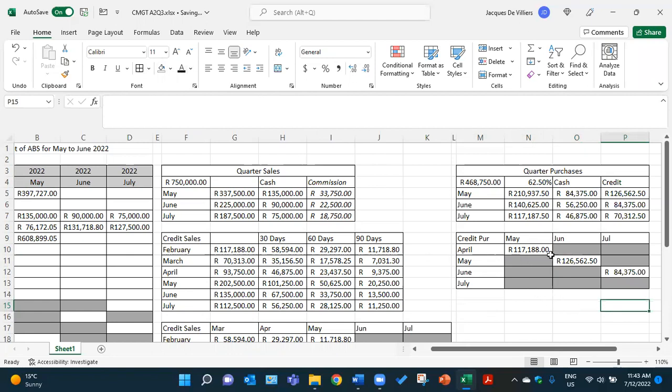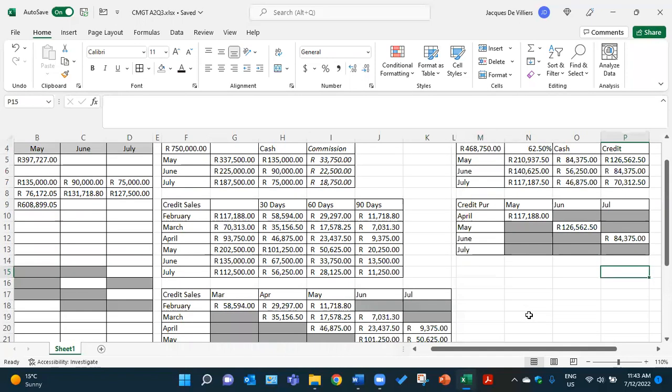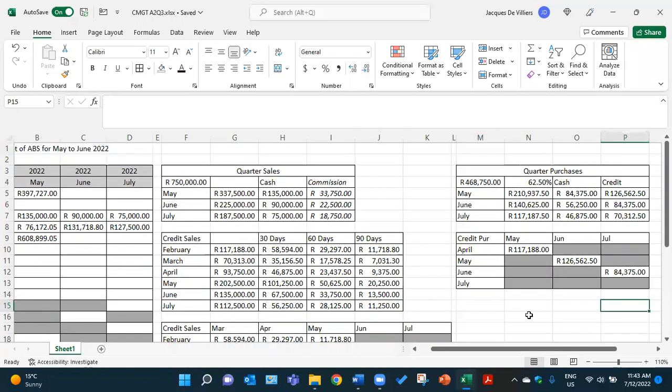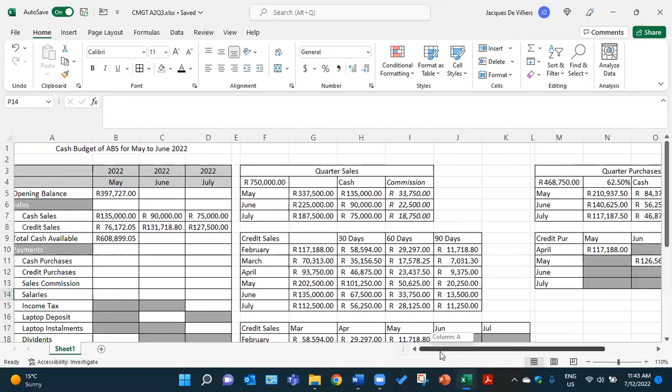Because it's always just a 60%, we don't need to total it because there's only the three amounts. Okay, now that we have that, we can put it in here.